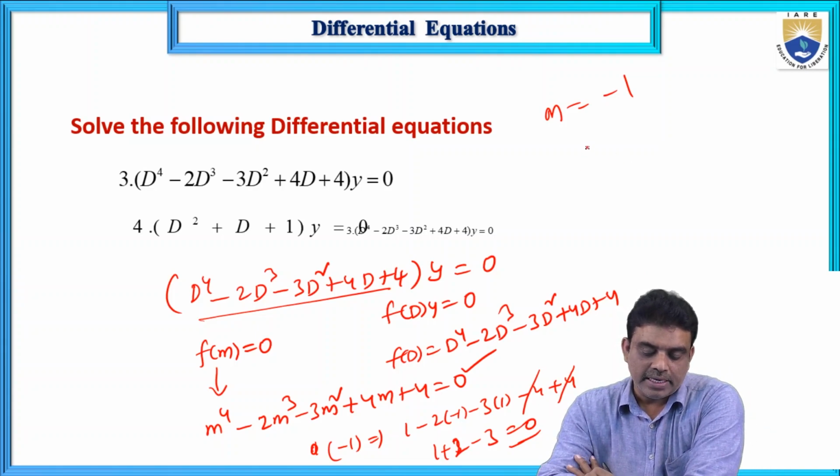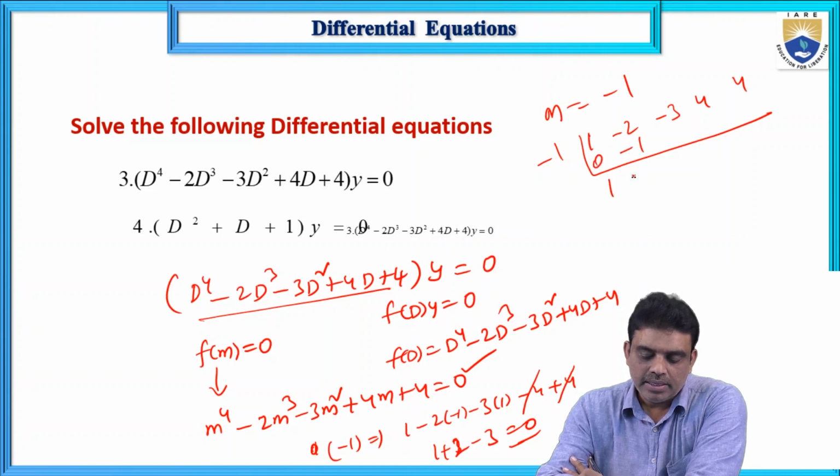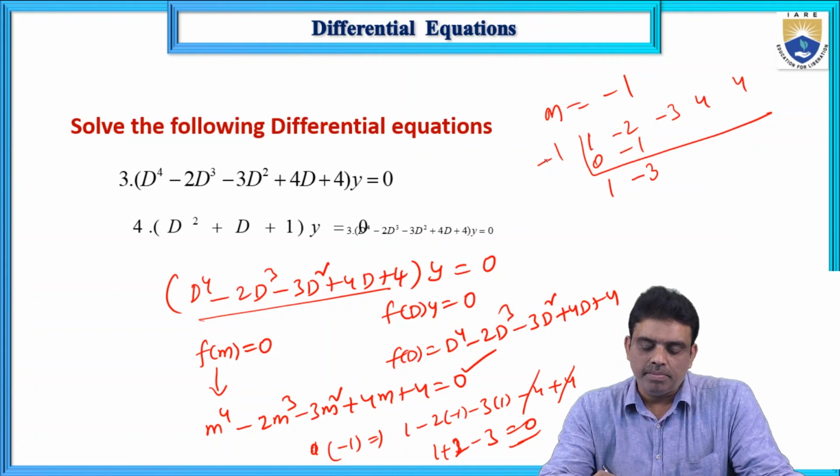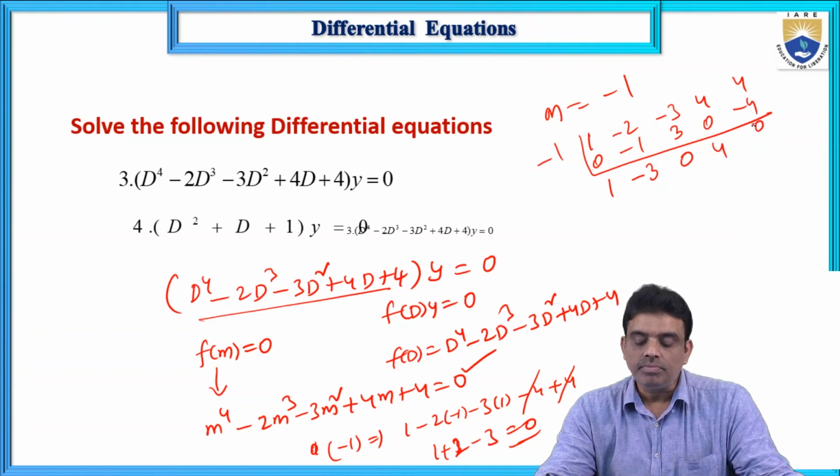So m is equal to minus 1 is a root of the equation. I can write it like this: 1, minus 2, minus 3, 4, 4. If I put minus 1, then minus 1, then minus 2 minus 1 is minus 3, minus 3, minus 1 into minus 3 is plus 3, this is 0, and minus 1 into 0 is 0, 4, and minus 4, this is 0. So minus 1 is clearly a root of the equation.